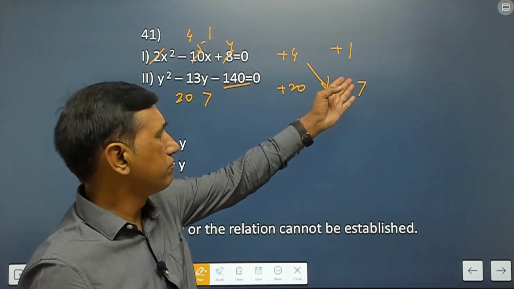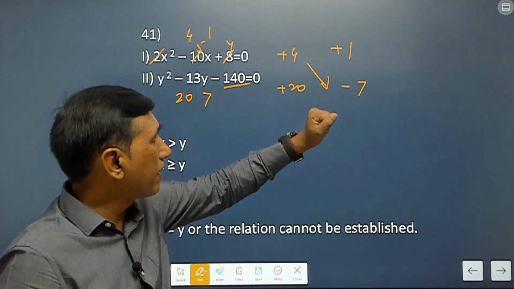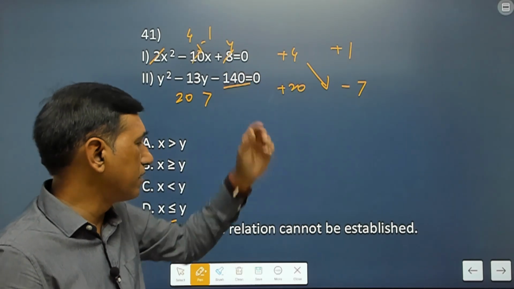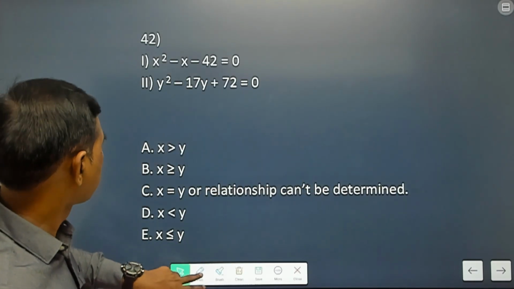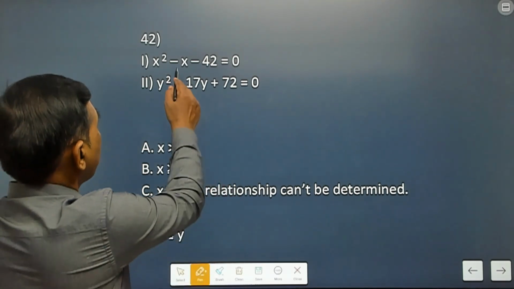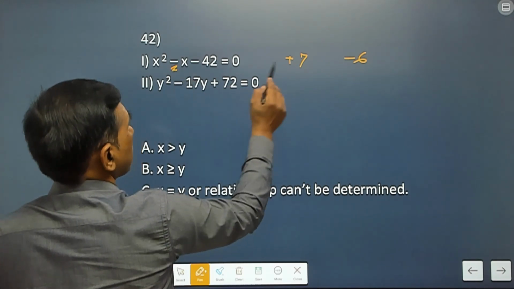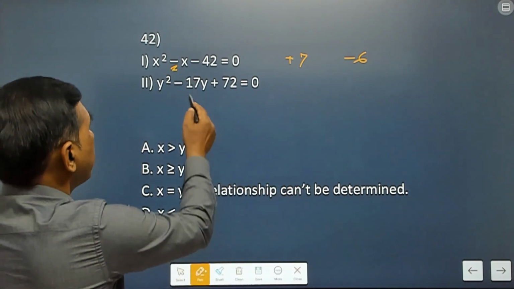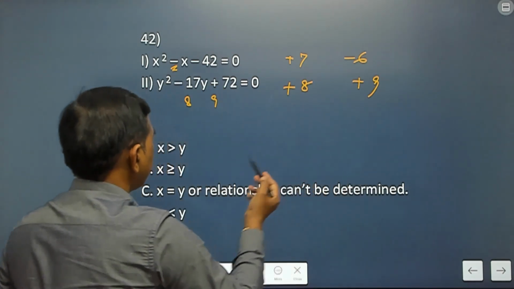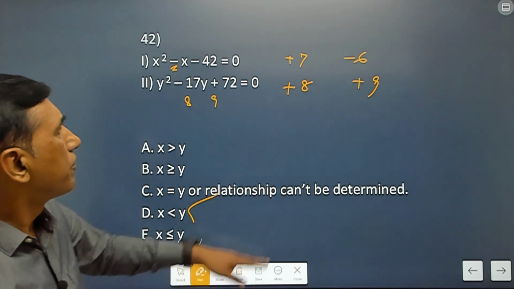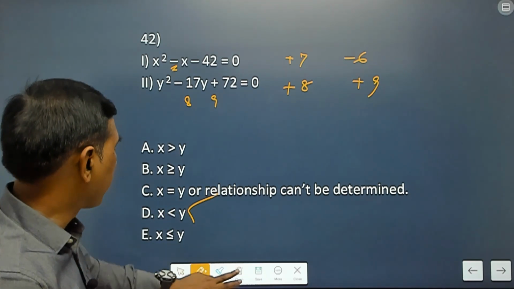If it is plus 4, it is greater than minus 7. If it is plus 20, then it is greater than 1. It will be plus 7, minus 6. Here 8 and 9, plus 8, plus 9. Since it is plus and plus 8 is greater than 7, y is greater than x.